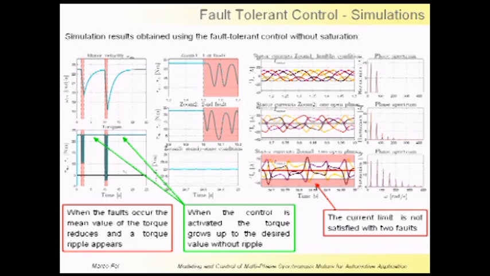Here, if you don't modify the control, there is a ripple and the mean value of the torque decreases. When the fault-tolerant control is applied, a motor torque without a ripple can be obtained.